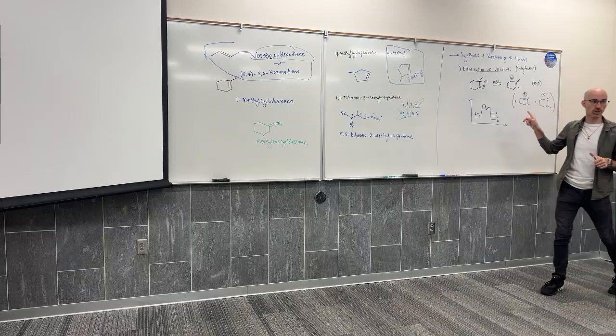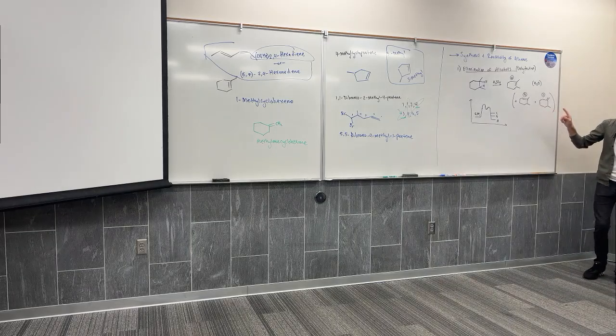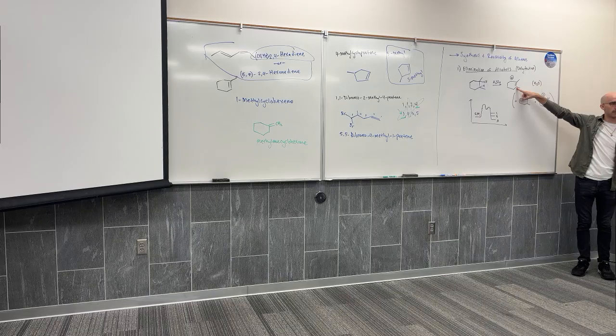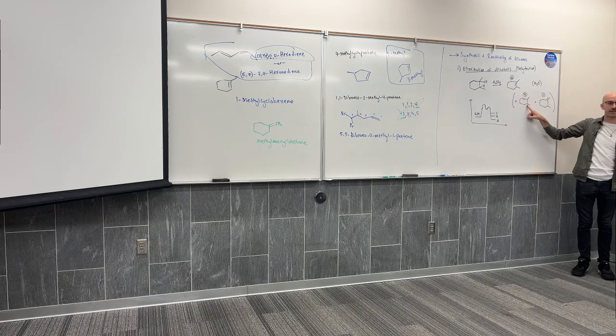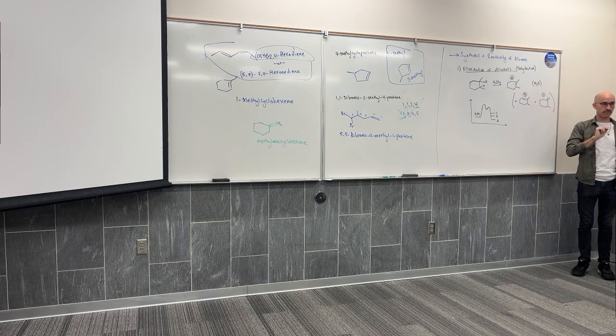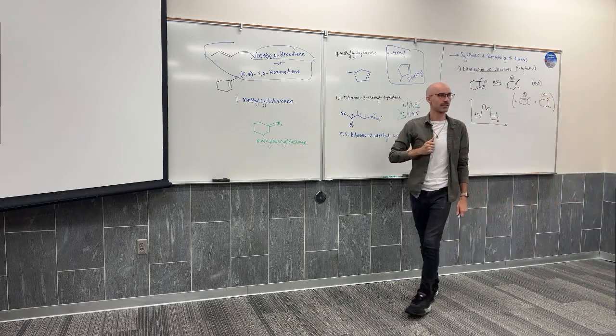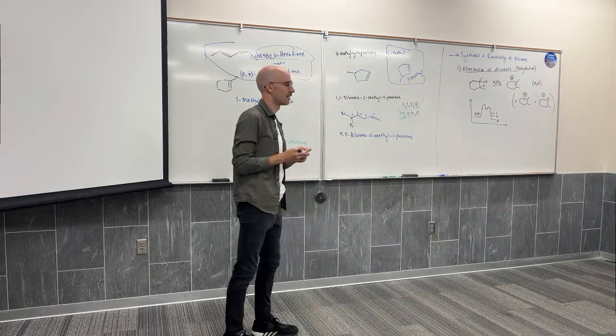Is the only thing that's changing here pi electrons and pi bond placement? How many H's at this carbon? 0. How many H's at the same carbon in this product? 1. And here? 1. So, are they resonance structures? No. They are structural isomers. Great question. Good review.